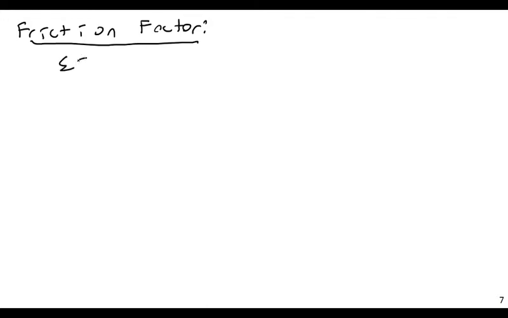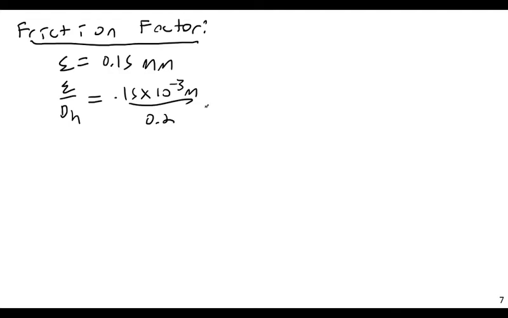Next, let's figure out the friction factor. I won't go through how to use the Moody chart again. We're going to use it the exact same way. Epsilon is going to be equal to 0.15 millimeters, looking up the epsilon for a galvanized iron pipe. And then epsilon over the hydraulic diameter is going to be 0.15 times 10 to the negative 3 meters divided by 0.2 meters, our hydraulic diameter.